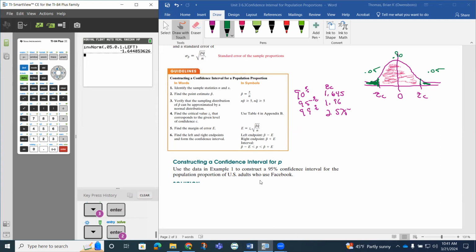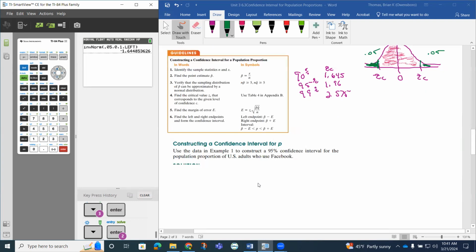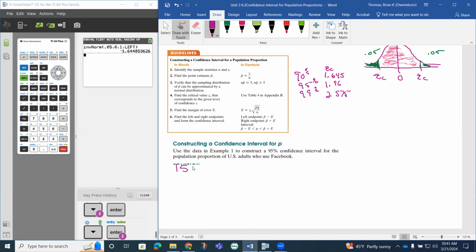Okay, so let's go ahead and look at this first example here. Using the data in example 1, construct a 95% confidence interval for the population proportion of US adults who use Facebook. So I believe in the data, we said the sample size was 1,550 people surveyed, and I believe 1,054 said they used Facebook.